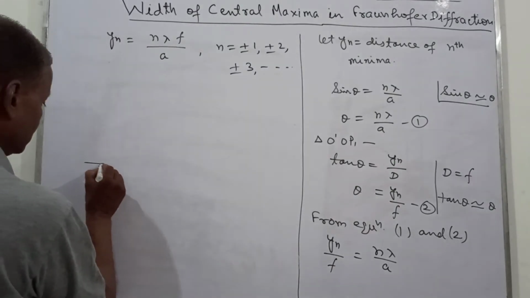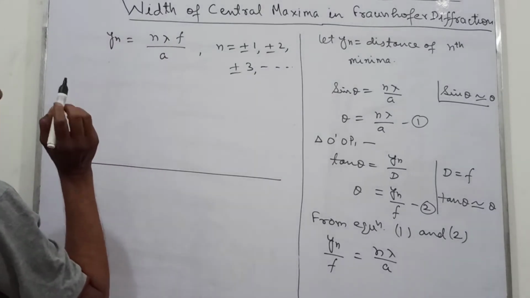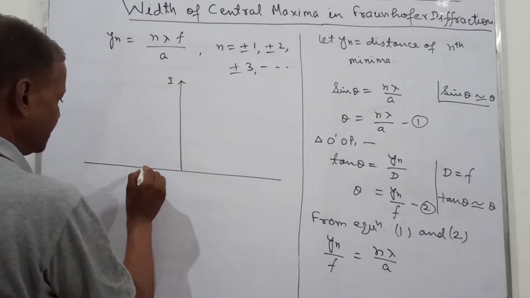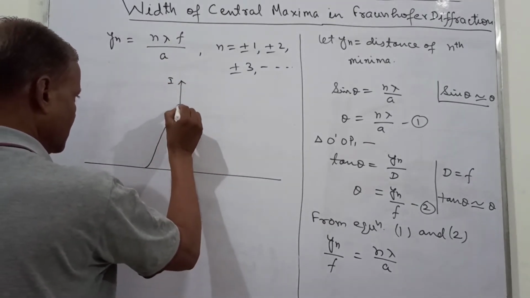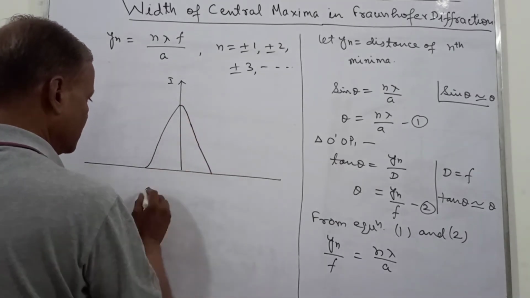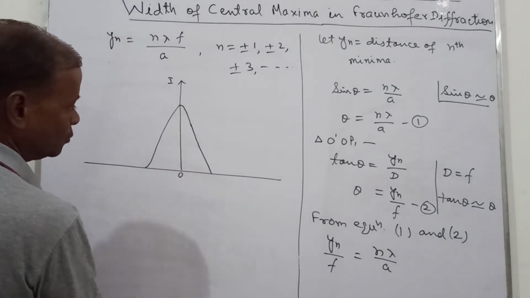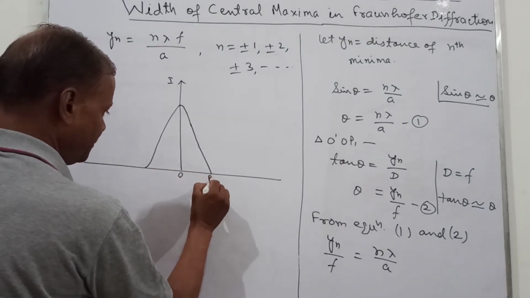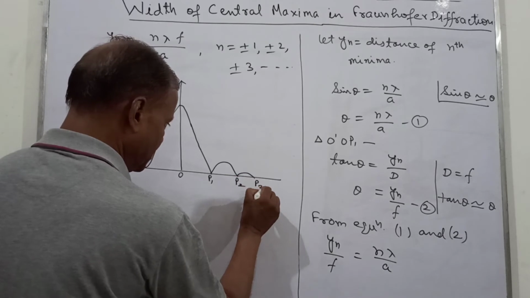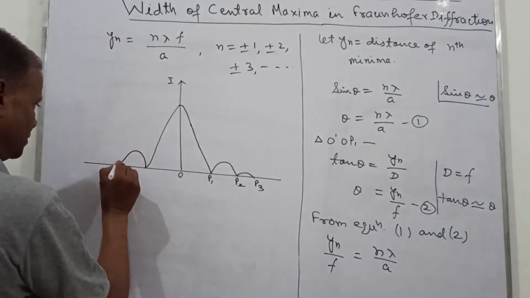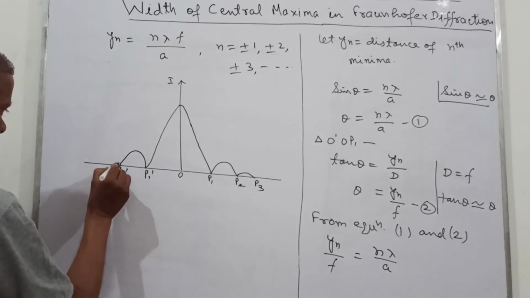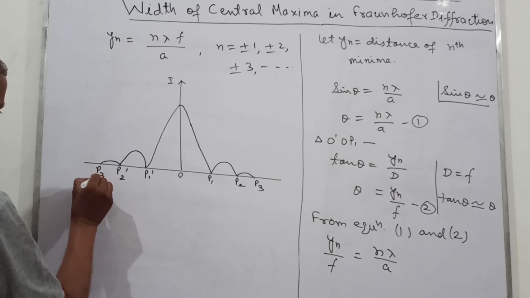This is the central maximum, this is point O. On this side we have point P1, then P2, then P3. On this side we have P1 dash, P2 dash, and suppose P3 dash.